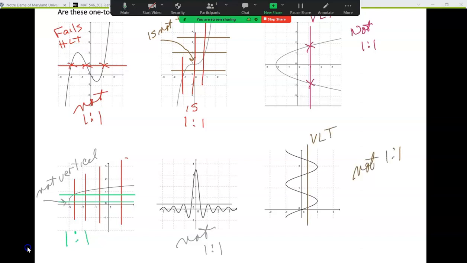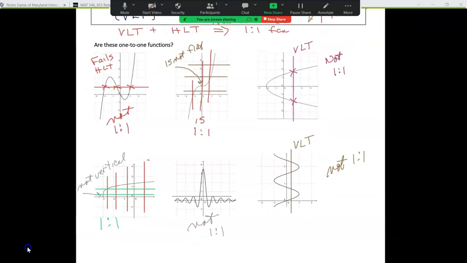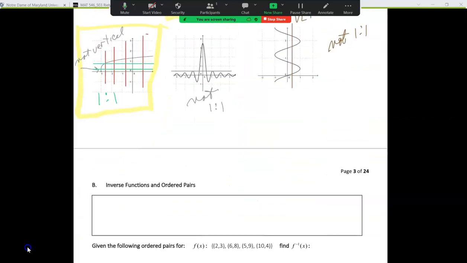So out of these 6 examples, you only have 2. This one right here and this one that are one-to-one. Okay, so you need to be able to graph or give me a sketch of a one-to-one function or a sketch of a function that's not one-to-one. So be comfortable doing that.